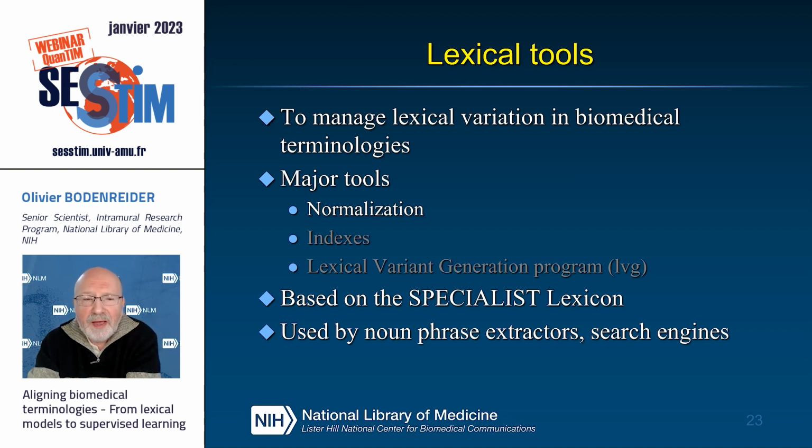It's useful when you want to create indexes. It's useful when you want to do some of these transformations that I was talking about, but mostly what we use it for is normalization, which is a set of transformations that are applied to original terms to transform them into a normalized term. And again, the purpose is that when two terms normalize the same, they are candidates for synonymy.